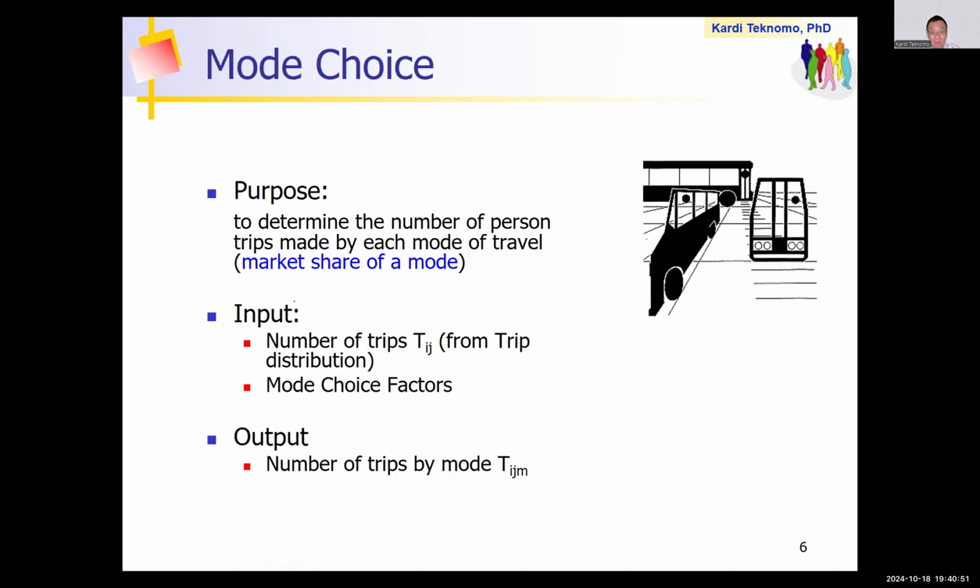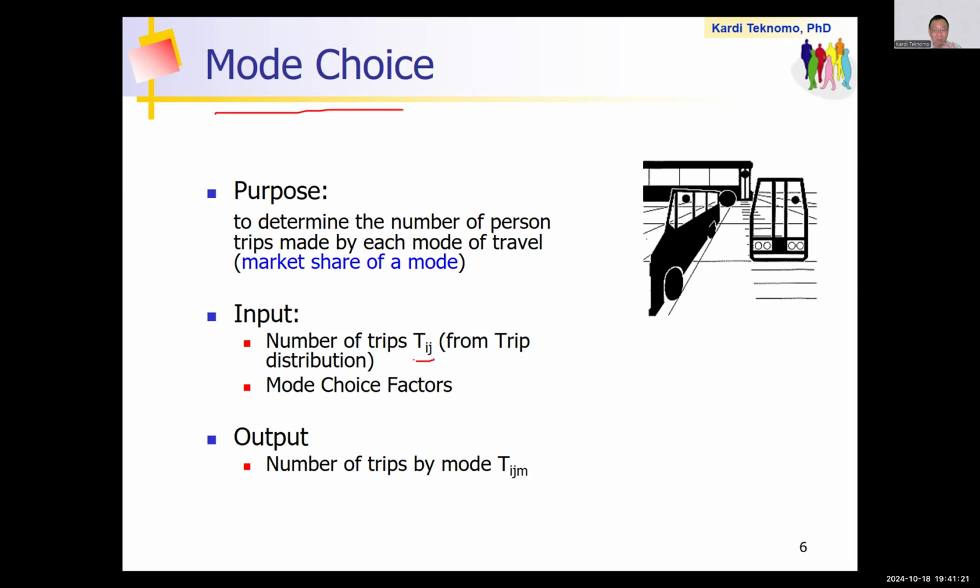So the purpose of mode choice is to determine the number of person trips made by each mode of travel. So remember, from trip chain, you get trip production and trip attraction for each zone. And then from trip distribution, you get Tij, which is the number of trips from zone to zone. Now in mode choice, you split this.